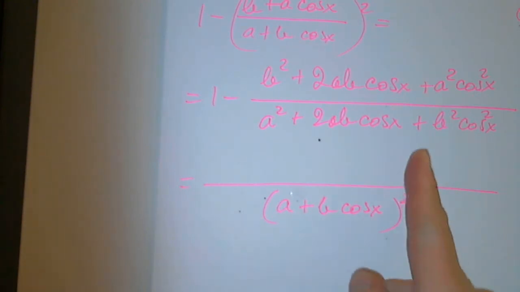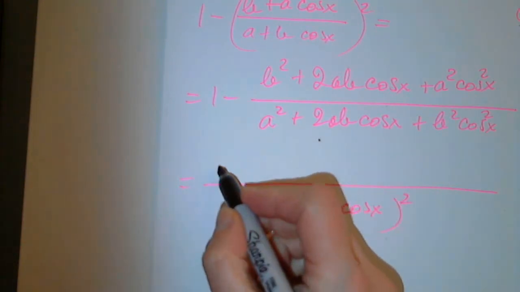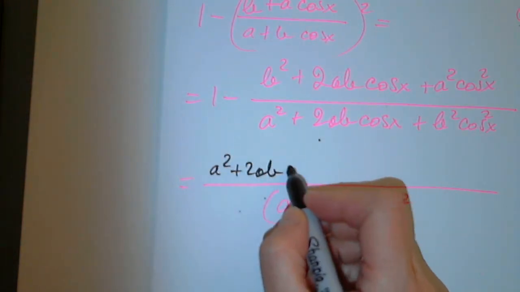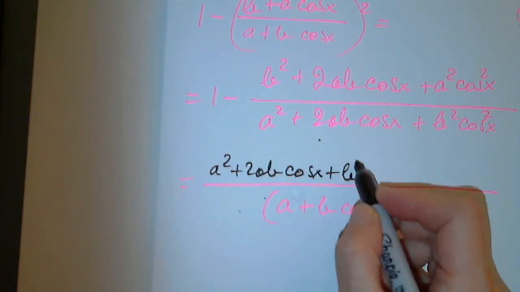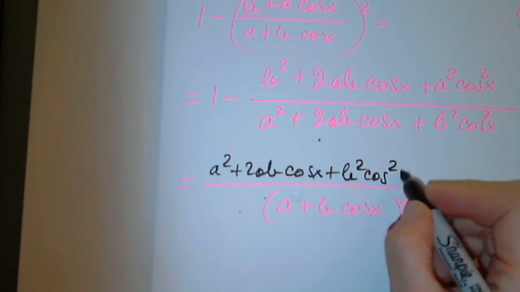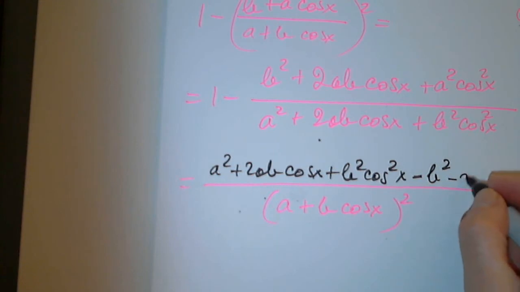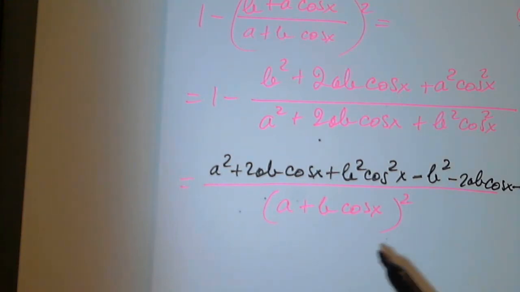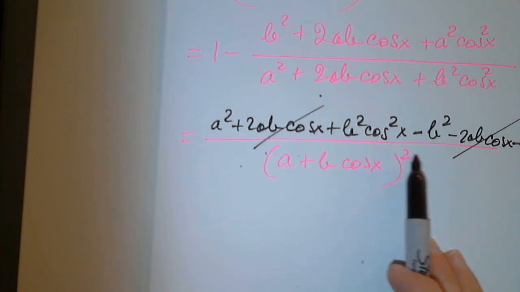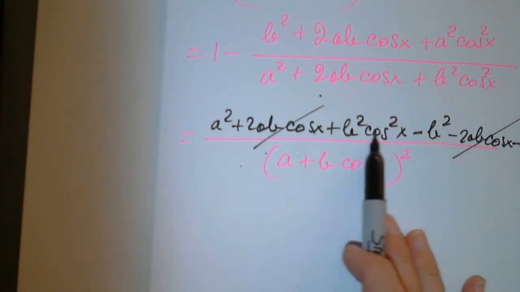So then this becomes a squared plus 2ab cosine x plus b squared cosine squared, but then minus all the other terms. Minus b squared minus 2ab cosine x and minus a squared cosine squared. Yes, I knew that those two will go away.